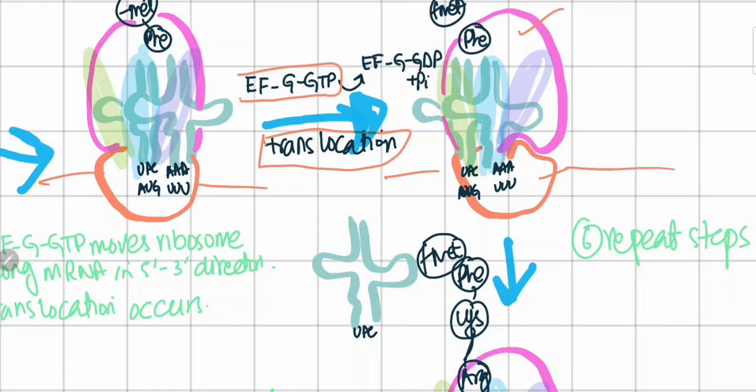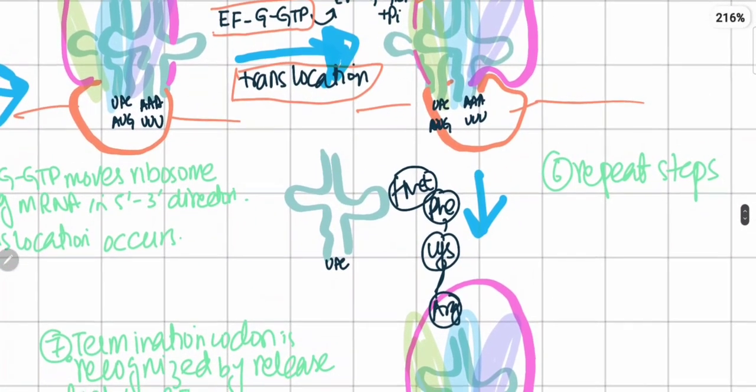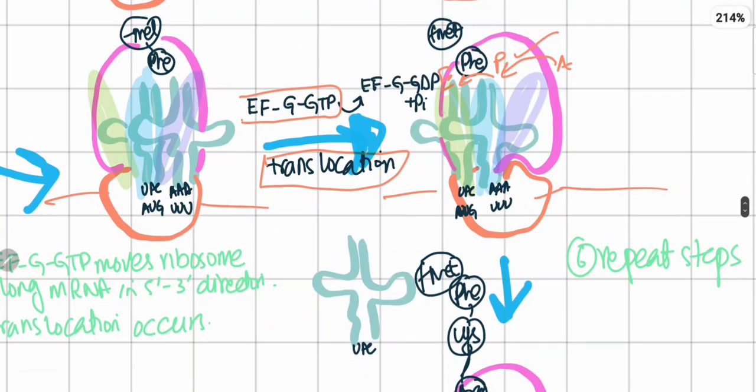Everything that was in the A site will be moved to the P site, and everything that was in the P site will be moved to the E site. This is translocation. So you see here the transfer RNA, which had phenylalanine, is now from purple to blue, and the F-met tRNA is now from blue to green on the empty site. The next step is that this F-met tRNA is going to leave the ribosome via the empty site.